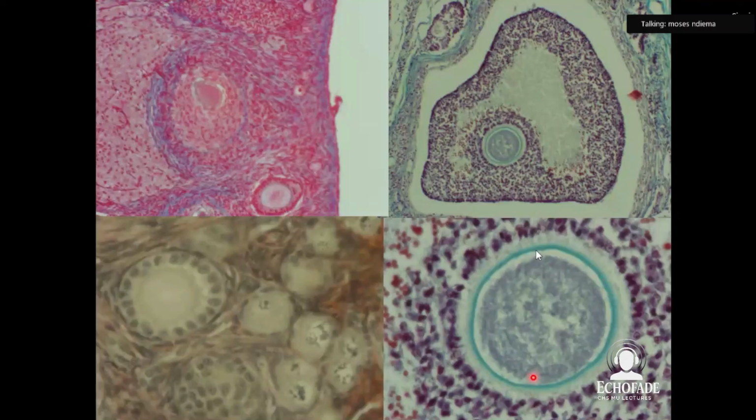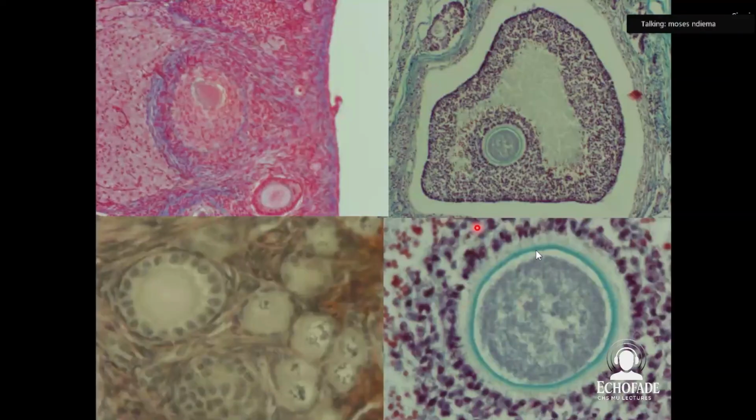However, the processes of the oocyte penetrate through the zona pellucida and make contact with the inner layers of the corona radiata cells, the granulosa cells that are close. This is very important for cell-to-cell signaling.